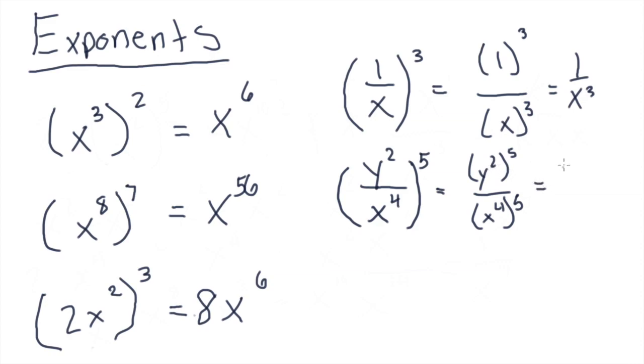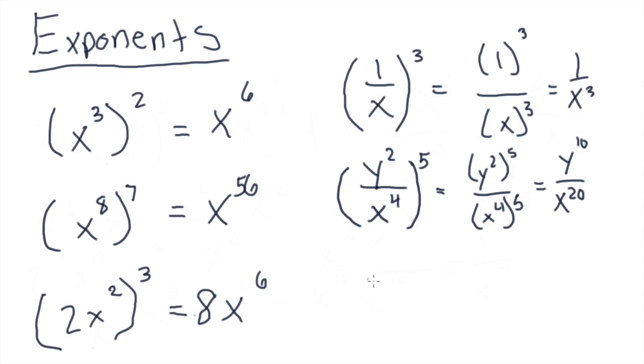And we know that y squared to the power of 5 is y to the 10th, and x to the 4th to the power of 5 is x to the 20th. Now we can't do anything to simplify this because we have different bases here, right? We have a y and an x, so we can't subtract to reduce this fraction.